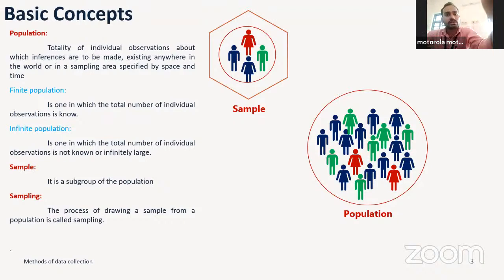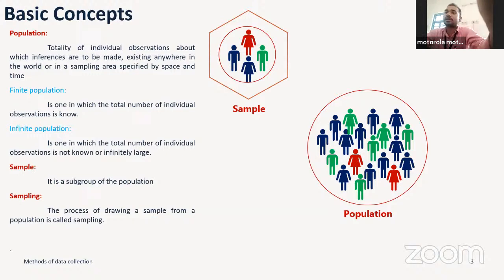The next terminology is sample. Simply, we can say it is a subgroup of the population. It means it is a small group, or a few individuals or observations, we have taken from our whole population for the study purpose, and based on that study we can make inferences or conclusions regarding the whole population.